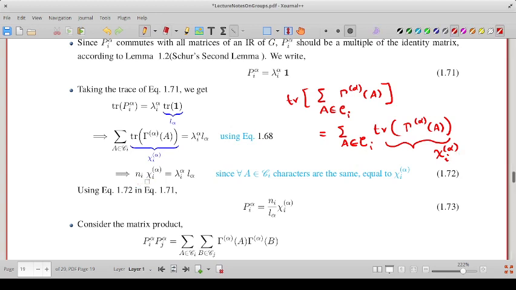So the result on the left hand side is ni times chi I alpha, but the right hand side is lambda alpha I times L alpha, from which I get this number lambda alpha I, which is ni chi I alpha by L alpha. Substituting this in this equation, we get P alpha I is equal to ni by L alpha times chi I alpha times the identity matrix.